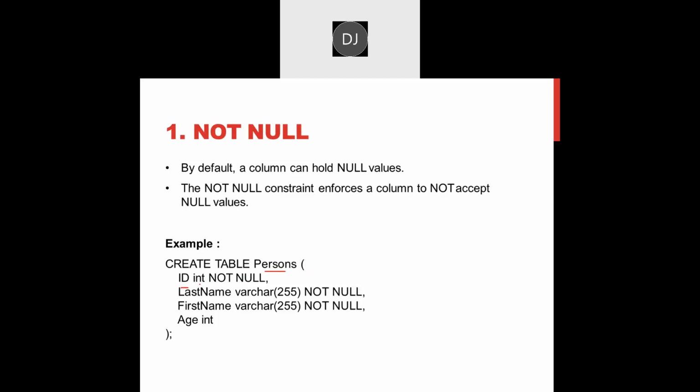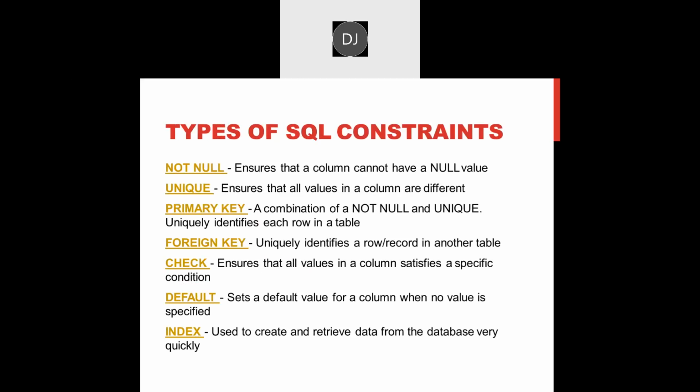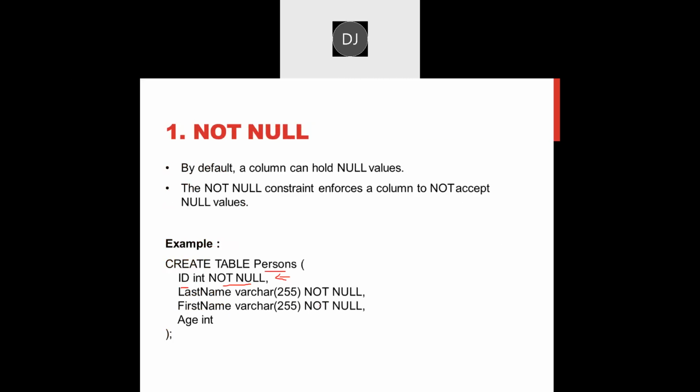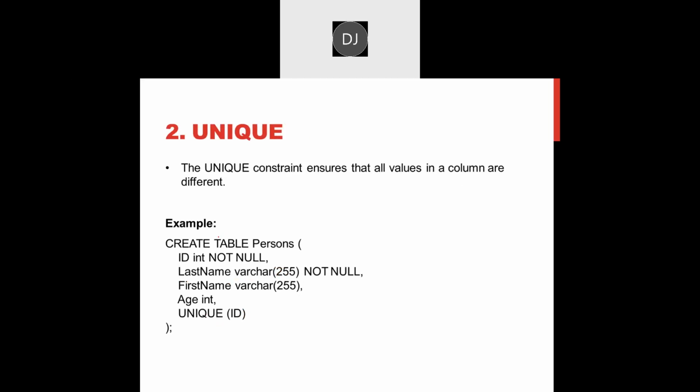The type of the id is integer, and I'm saying it is NOT NULL. This is the constraint we are posing on the id column. And you can give not null, unique, all those things. Likewise, for each column name you can give, like age as unique. Age cannot really be unique, but you can give unique likewise.